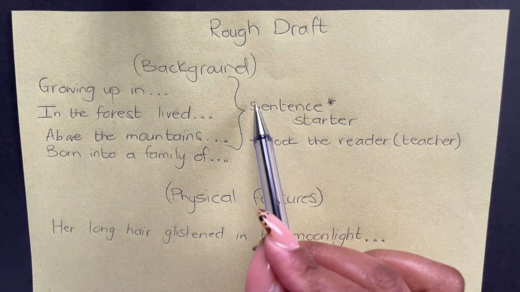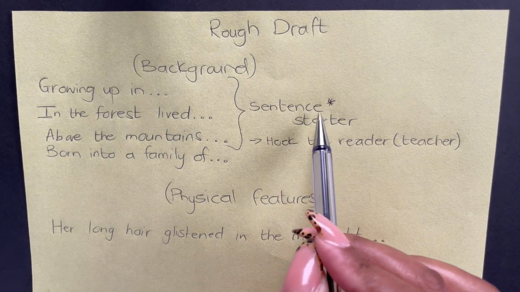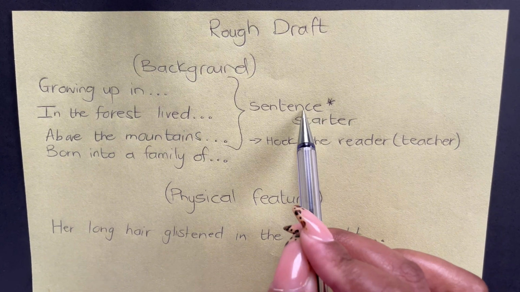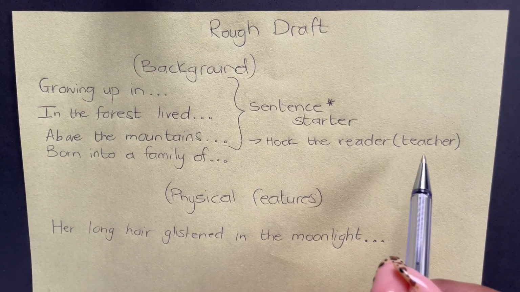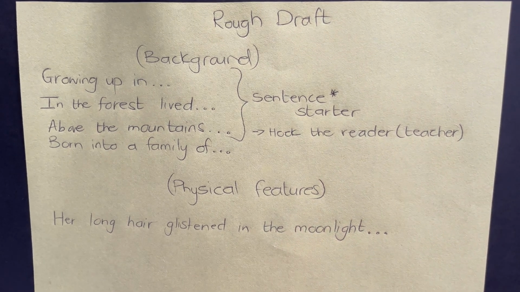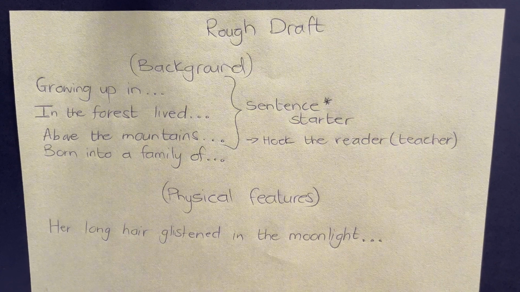Before you even start, you need to try and find good sentence starters. Good sentence starters hook the reader, which is your teacher. It makes your teacher want to read more about what you are writing.